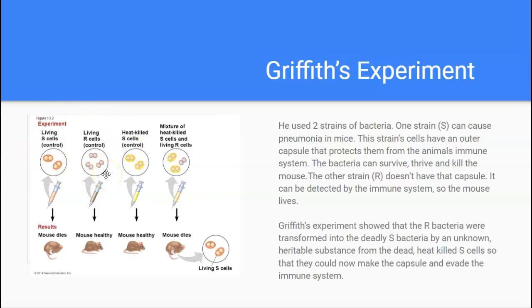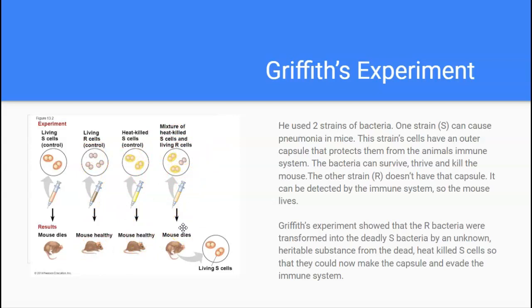But here's where things get crazy. Okay, basically in this last one, they took these 2 and combined them. They took some of the living ones, which the immune system can detect and defend against, and they took some of the dead ones, which can't do any harm. They mixed it together, and we would expect the mouse to be healthy because individually they led to a healthy mouse, but when they were mixed together, boom, mouse died. What?